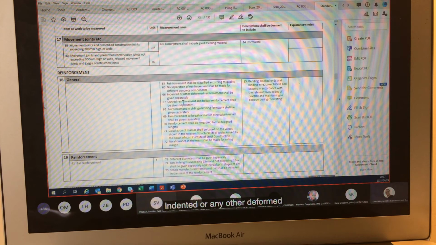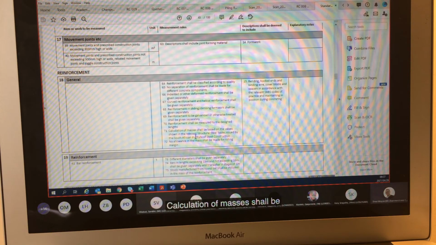Indented or any other deformed reinforcement shall be given separately. Curved reinforcement shall be given separately. Helical reinforcement shall be given separately. Reinforcement in sliding or climbing formwork shall be given separately. Reinforcement to be galvanized or otherwise treated shall be given separately. Reinforcement shall be measured to the design lengths.